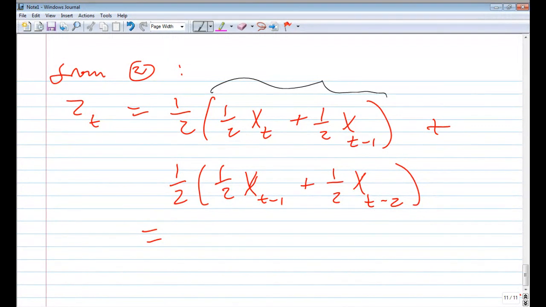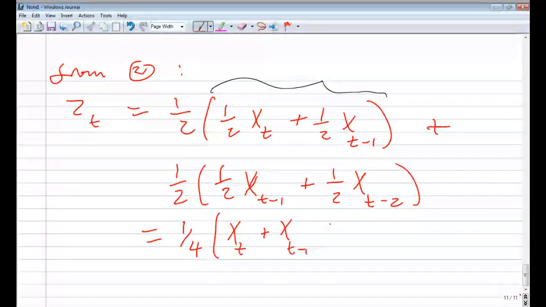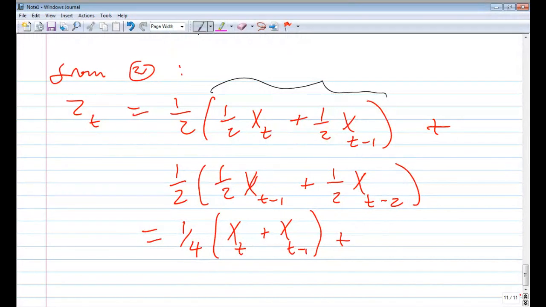Then you get 1/4, open brackets, xt plus xt minus 1. The same applies to this case. Take the common factor, take it outside, it's going to be 1/4.